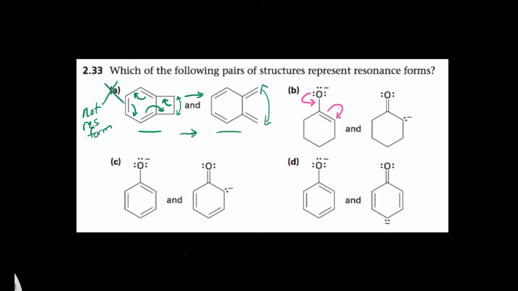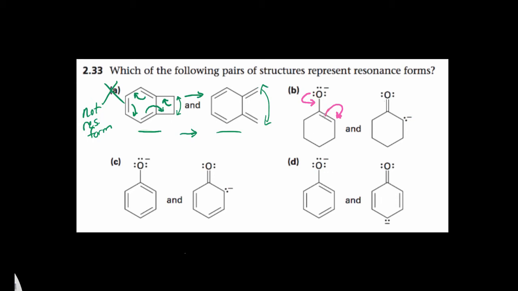So again, a curved arrow, not one of these single barb fishhook arrows, but a real arrow with a tail and a head, always represents the movement of a pair of electrons. The tail starts at the pair of electrons. In this case, it's the double bond. It's indicating the double bond.